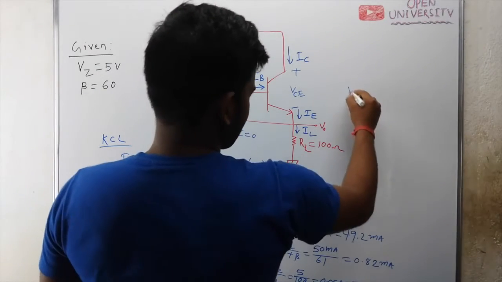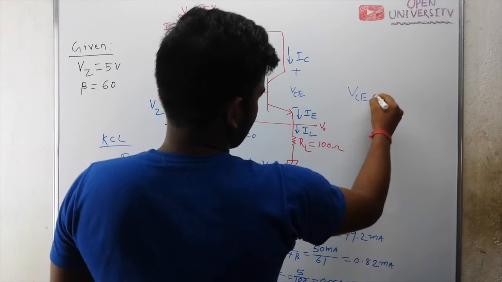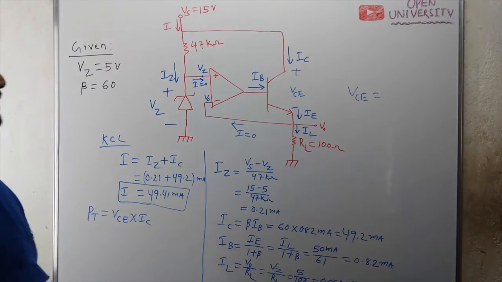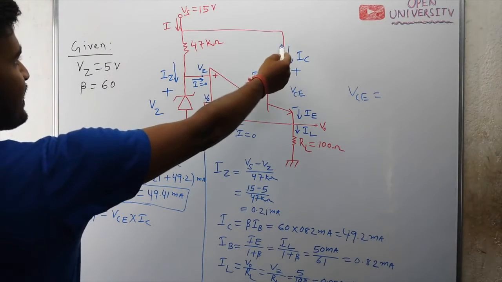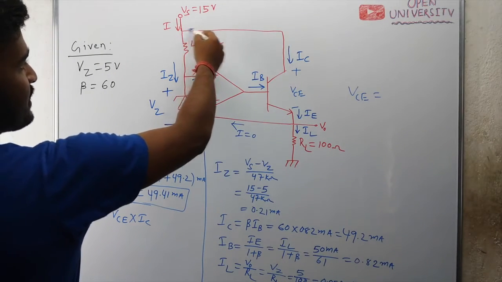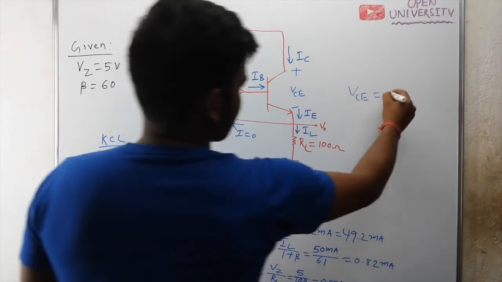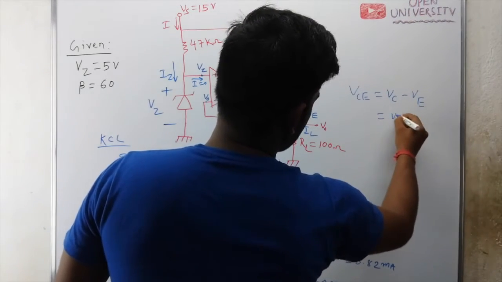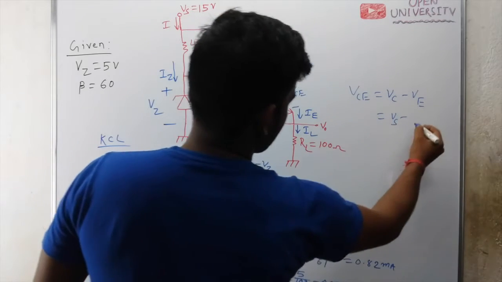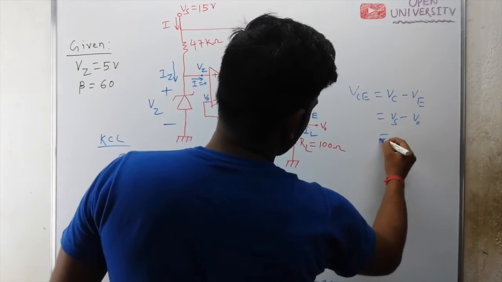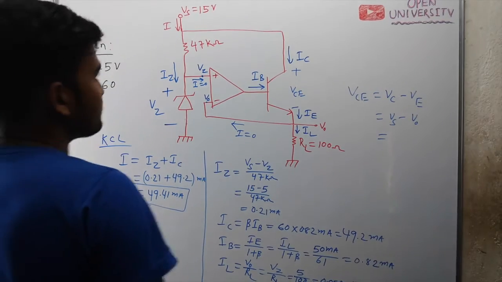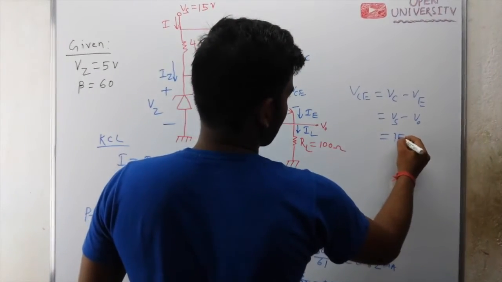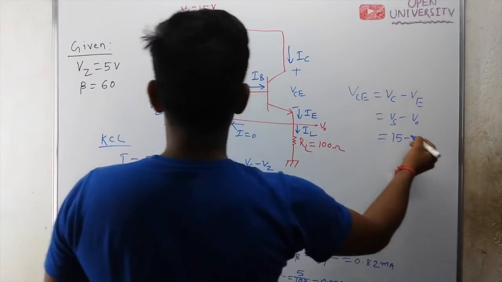So what is VC? What is the value of VC? VC equal to VS. What is the voltage available at this point? VS. So VS equal to VC minus V. What is VC? VS. And what is V? V is your V naught. What is VS value? 15 volt. V naught is nothing but your VZ.